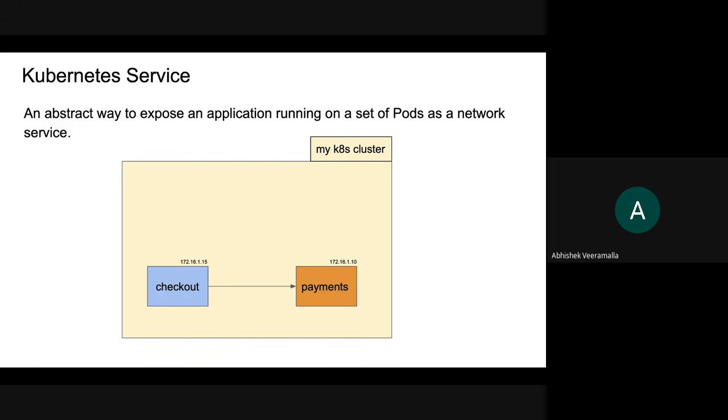For some obvious reasons, checkout has to communicate with payments to complete the transaction. The first thing it can do is connect to payments using the IP associated with the pod, the pod endpoint. But the problem with this is that the IP address Kubernetes generates is dynamic. If this pod goes down, next time it would come up with a different IP address.